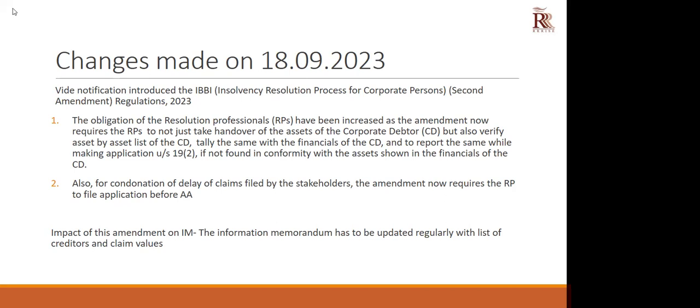No one? Anyone having any view on the impact of the amendment of delayed filing of claims, which are to be accepted by the RP, and the RP has to make an application to the AA for condoning the delay in submission of the delayed claims?